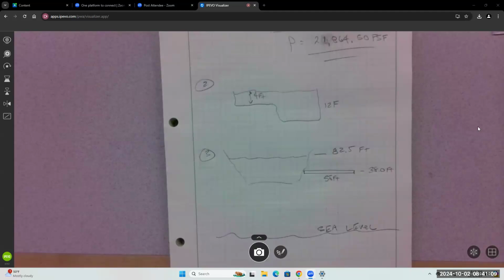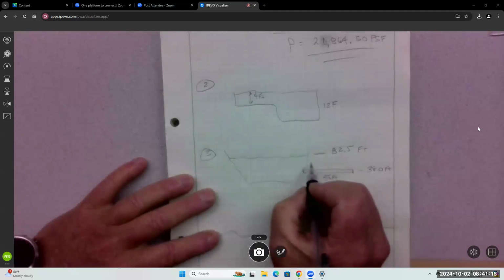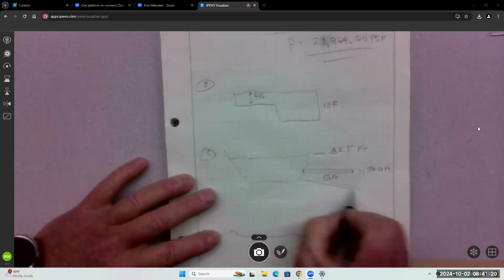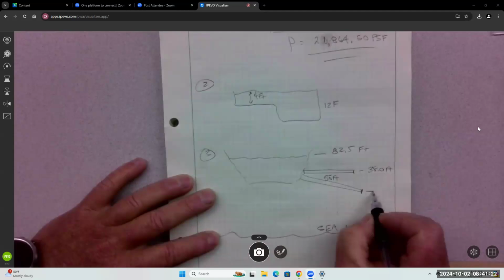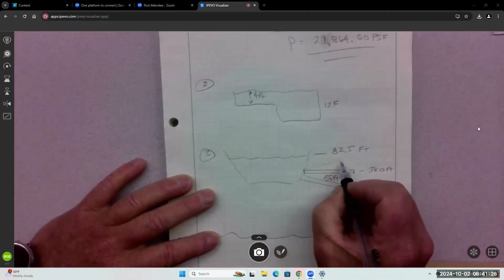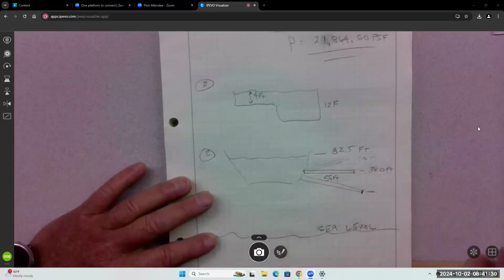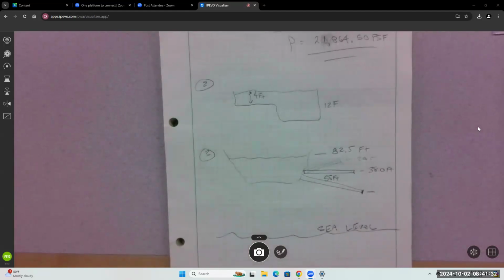So it's just a different way to think about how to come up with depth. In this case, you could have drawn the pipe like this, and put the 38 right here. Doesn't matter, you're gonna go with the number anyway.